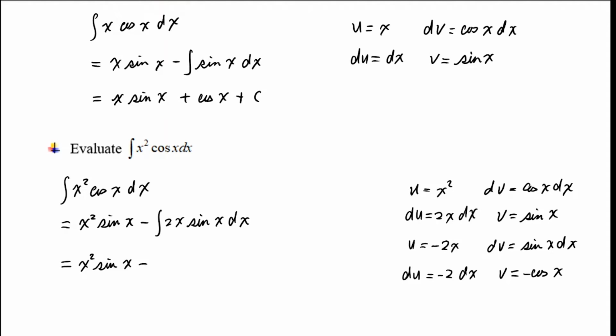Let me start over. uv, minus sign here, so it becomes positive. I was right the first time. And then you have 2x cosine of x, then minus the integral of, good, because it was uv minus the integral of these two. Now I have a minus sign, minus sign, minus sign. This remains as a minus, and then we have 2, and then cosine of x dx. You with me?